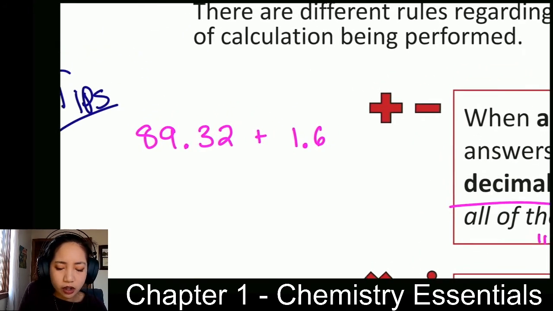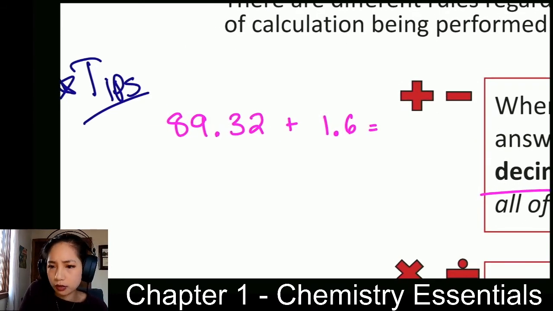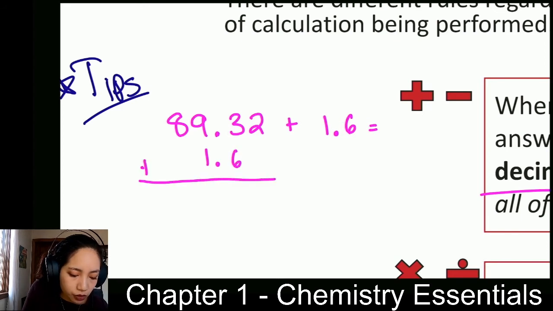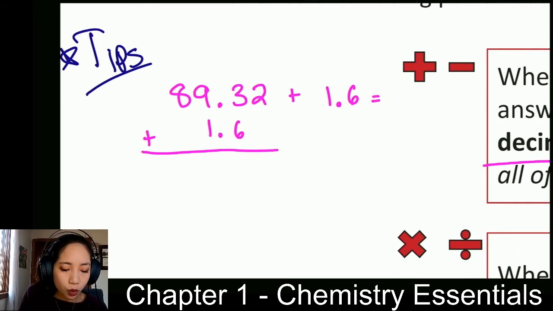It's harder to see when you write the addition problem like this. Remember, like in grade school, when we add numbers, we put them on top of one another and line up the decimal places. So if you rewrite the question like this and plug that into your calculator, what will spit out of your calculator is 90.92.